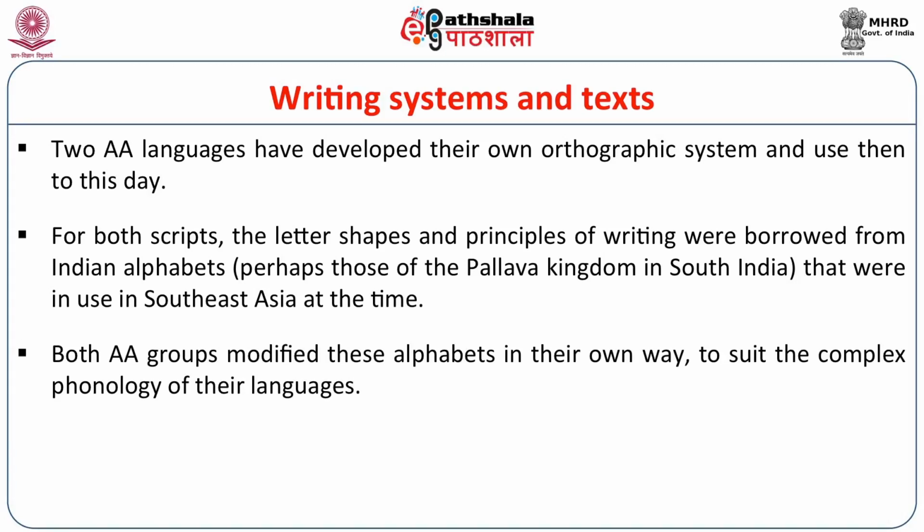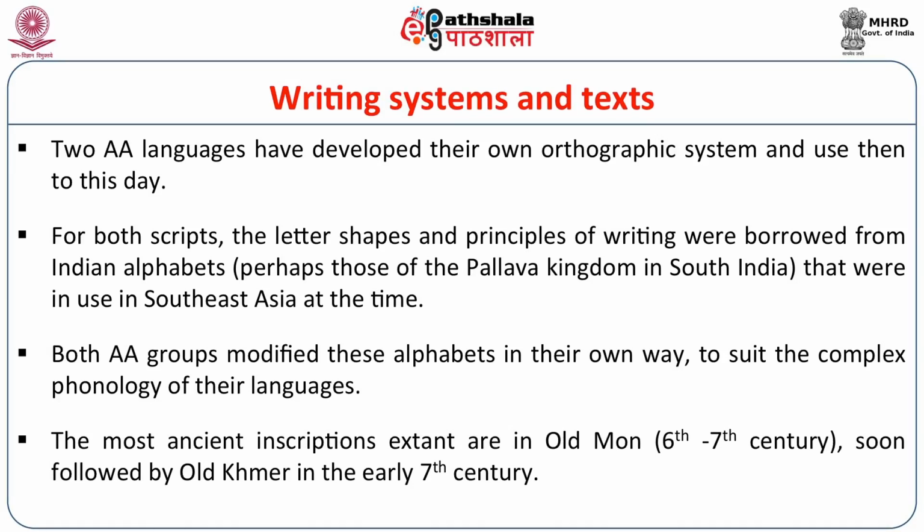Both Austroasiatic groups modified these alphabets in their own way to suit the complex morphology of their languages. The most ancient inscriptions extant are in Old Mon, belonging to 6th, 7th century AD, soon followed by Old Khmer in the early 7th century.